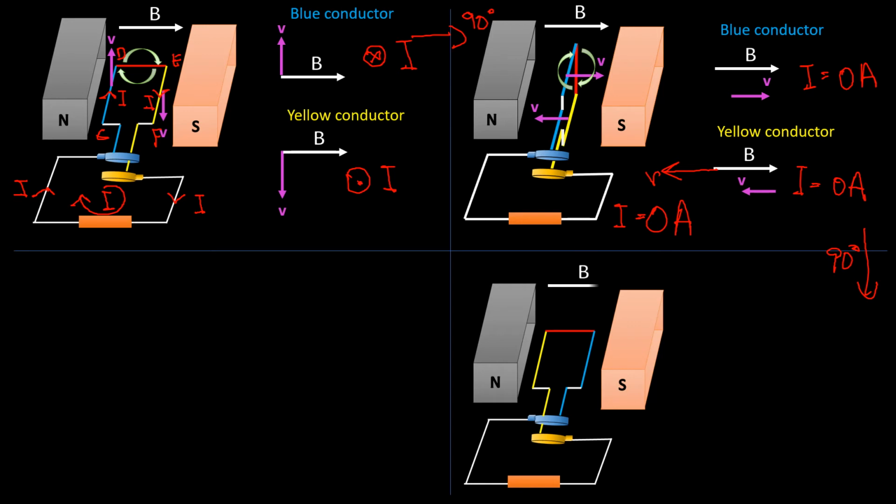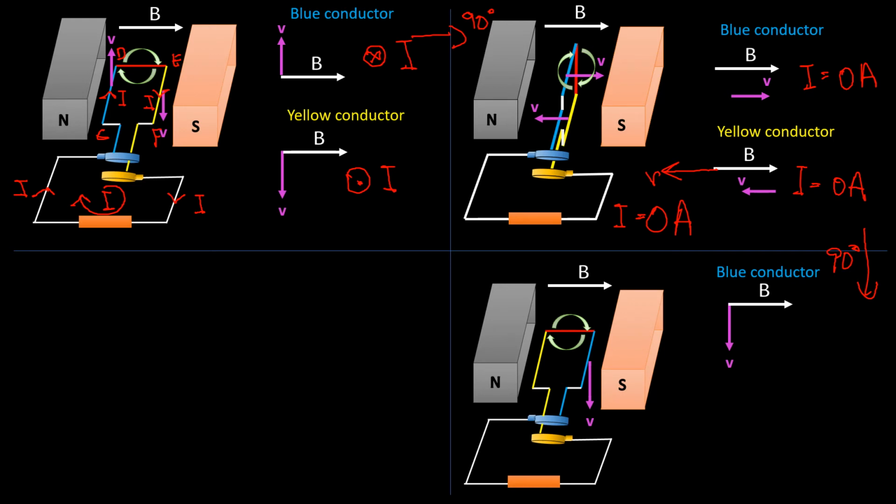Still the same, your B is pointed to the right hand side because it goes from north pole to south pole, but now your blue conductor will experience a downward motion due to the clockwise direction.